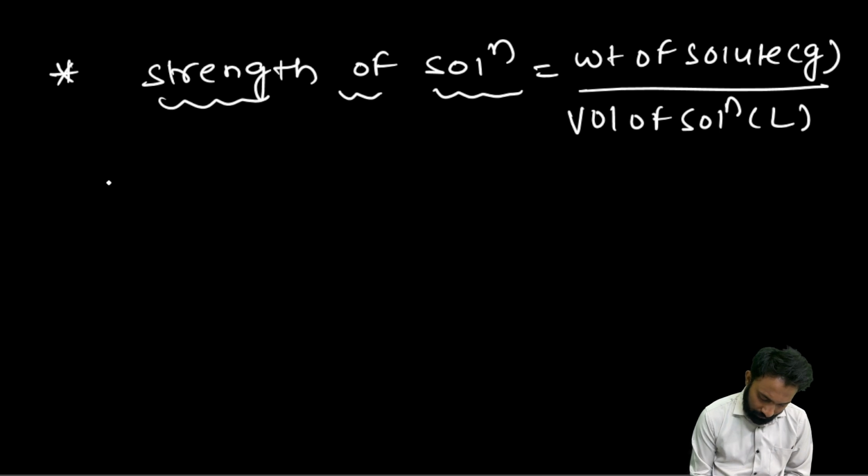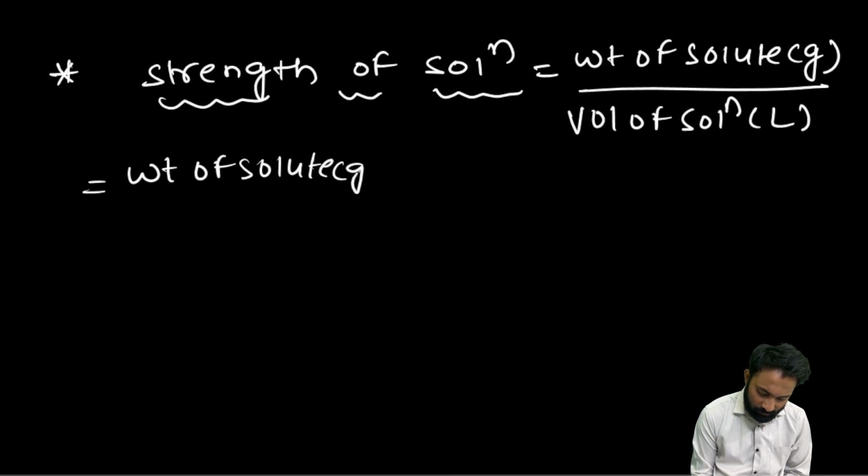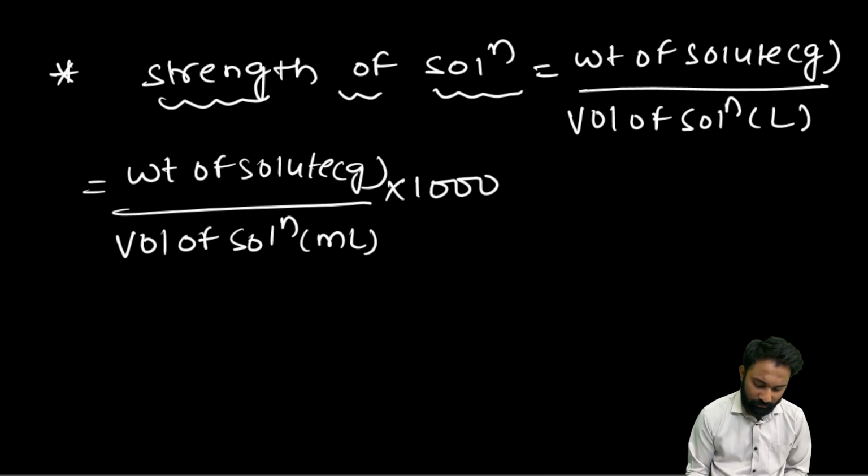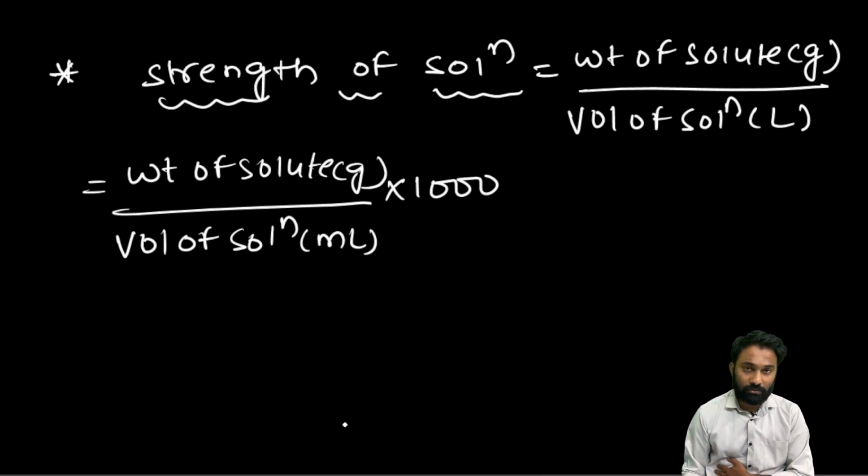Now you see, weight of solute in grams by volume of solution, it is present in liter, right? I want to convert this into ml. ml means here it will become 1000. Weight of solute in grams by volume of solution in ml into 1000, right?